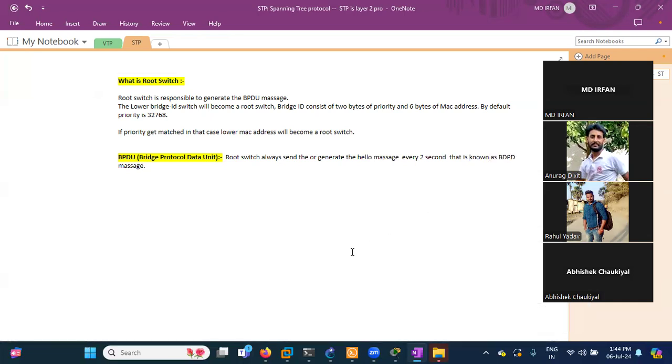Give me a moment. Okay. So the root switch always sends or generates a hello message every 2 seconds between the switches.